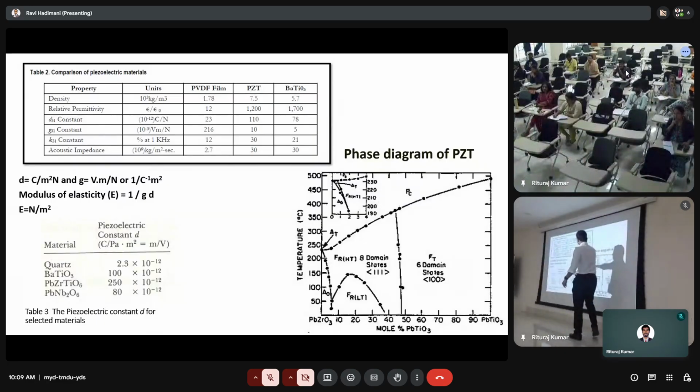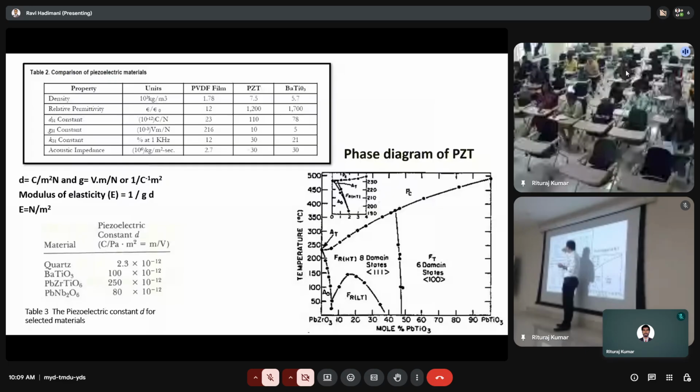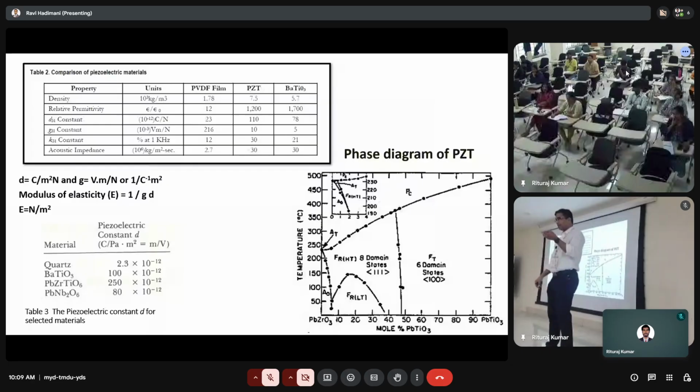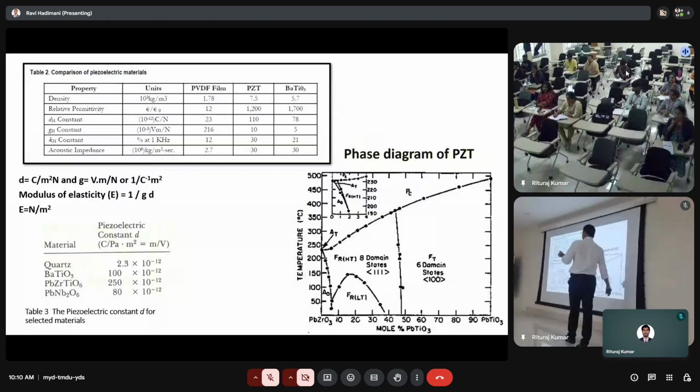So that means these are much more sensitive than PVDF. The constant is nothing but the amount of charge produced when you apply a unit of force. Here it is in terms of 10 to the power minus 12. 10 to the power minus 9 is nano, 10 to the power minus 12 is pico, and 10 to the power minus 15 is femto, right?